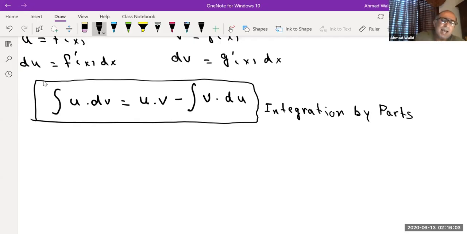in an example, I'll put an example. I'll not solve the example immediately, but I will write an example for you, a problem, how to choose u, how to choose dv. It's the important part of integration by parts. If you choose it wrong, it creates a lot of problems. For example, if you choose a function that the integration is impossible or difficult, if you choose that one to integrate, it creates a problem for you.